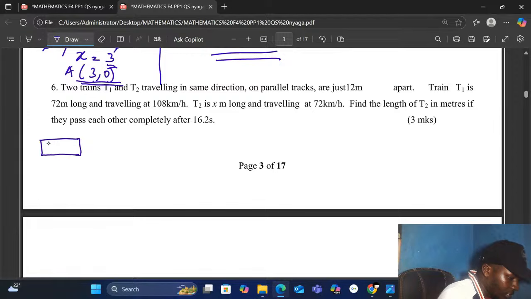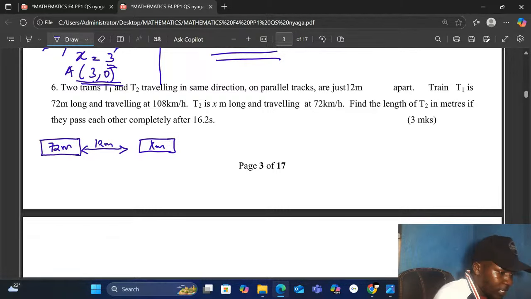So you can have this sketch, which is 72 meters. They're saying the distance from train T1 to T2 is 12 meters. But train T2 is x meters long.